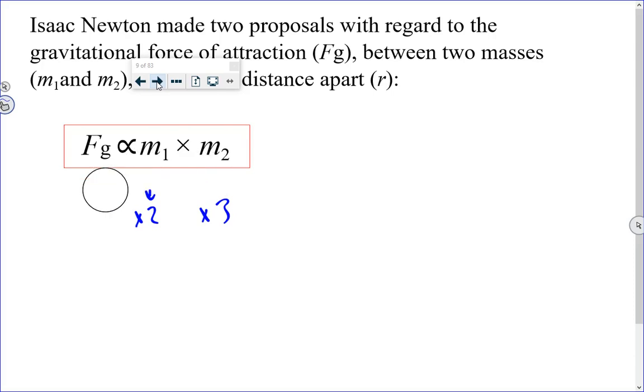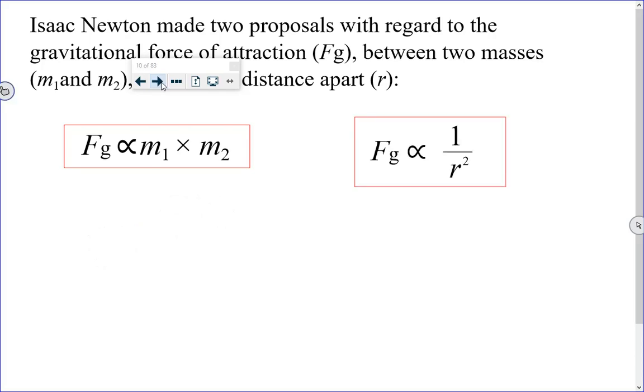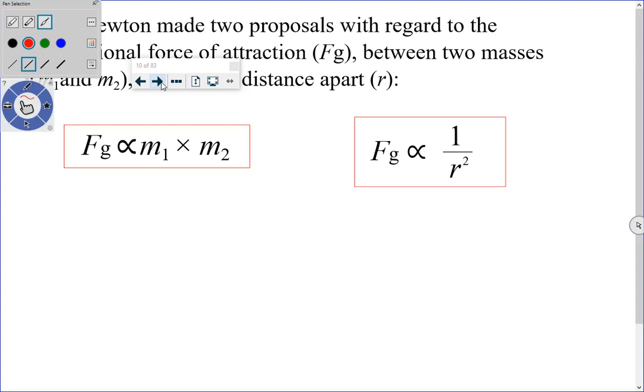Okay, so that's the first proposition, and that's pretty easy to understand. The second proposition is more nuanced. It's more subtle and complicated. What we say here, and I'm actually going to write this down so that you can see the words. I think it's important that you see the words here.